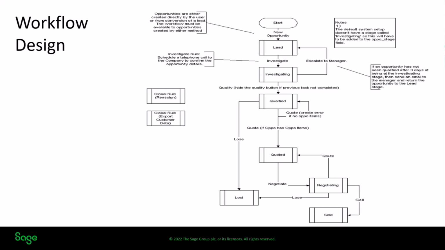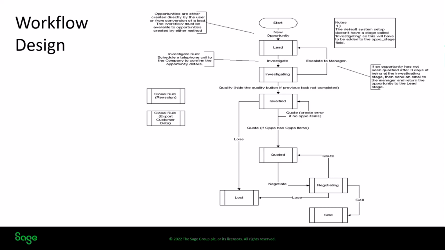This happens to be an opportunity flowing through from an early stage where it's just been converted from a lead, starting to be investigated to qualify that lead, to being marked as qualified, then going on into subsequent points within its journey.